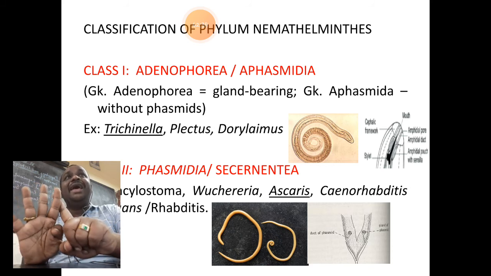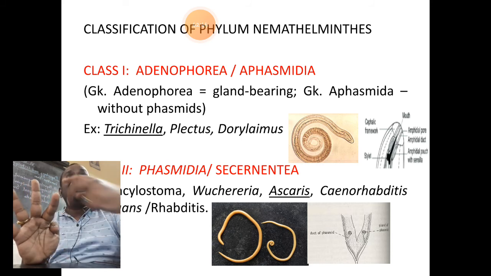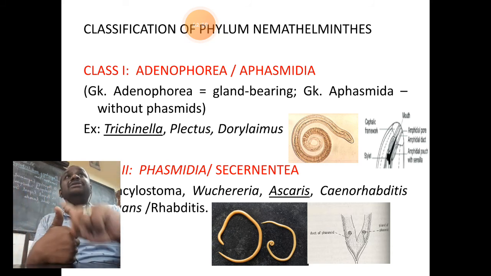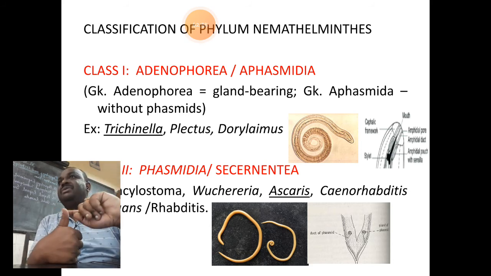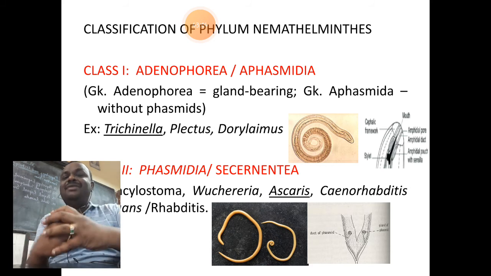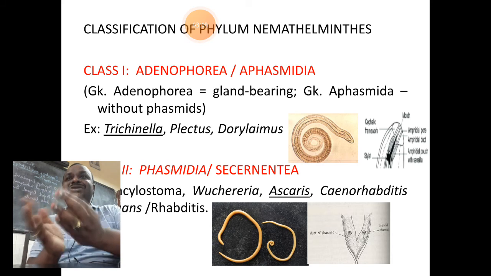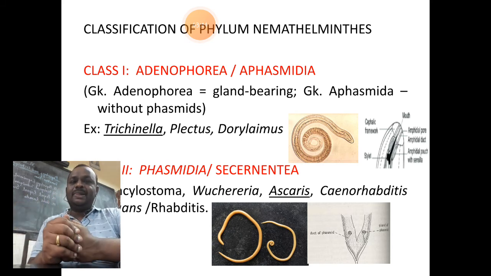Number four, they have a nerve ring surrounding the pharynx, called the circumpharyngeal nerve ring, from which arise dorsal and ventral nerve cords. Number five, sexes are separate and show sexual dimorphism. Di means two, morpho means external. Externally, males and females can be separated. So, these few characters we need to remember as special characters related to nematodes.